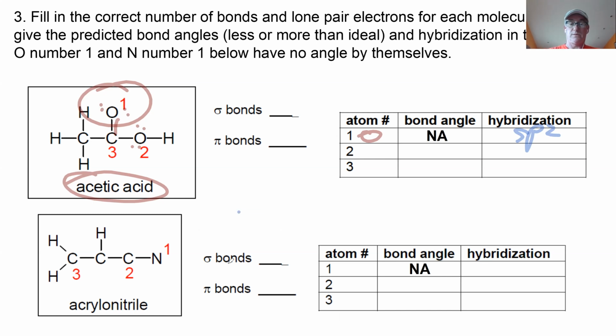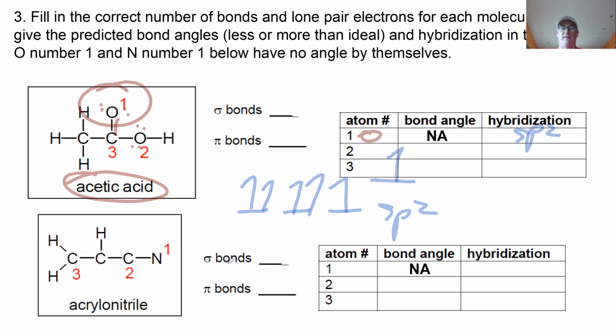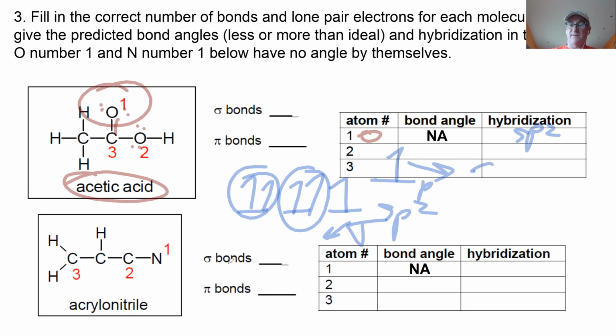So we would go 1, 2, 3, sp2, and then it would have a p orbital left over. So 1, 2, 3, 4, 5, 6. Here's 1 lone pair. Here's the other lone pair. This sp2 makes a sigma bond with carbon, and this p electron makes a pi bond with carbon. So since it's a double bond, it has 1 sigma and 1 pi, okay?